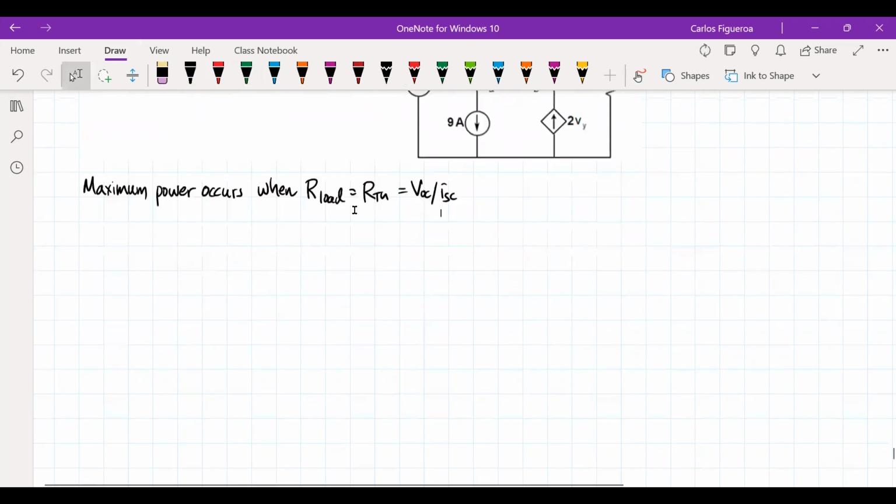So here we go. We're going to remove the load. Right, we're going to start with our first step. I want to determine VOC.